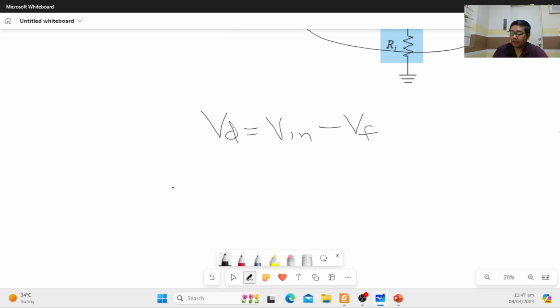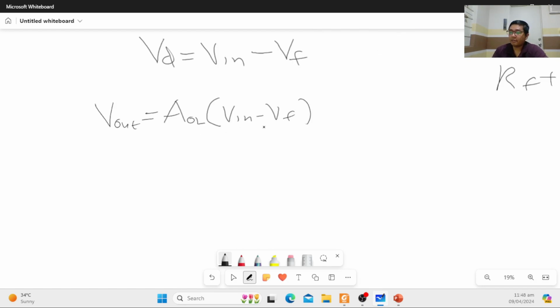So we can write now the equation for the output voltage. So based on the difference in the inputs, so that's A times the open loop gain times Vin minus Vf. So kanina yung Vf natin or yung feedback voltage natin, V sub F, is equal to R sub I over R sub F plus R sub I times V out.